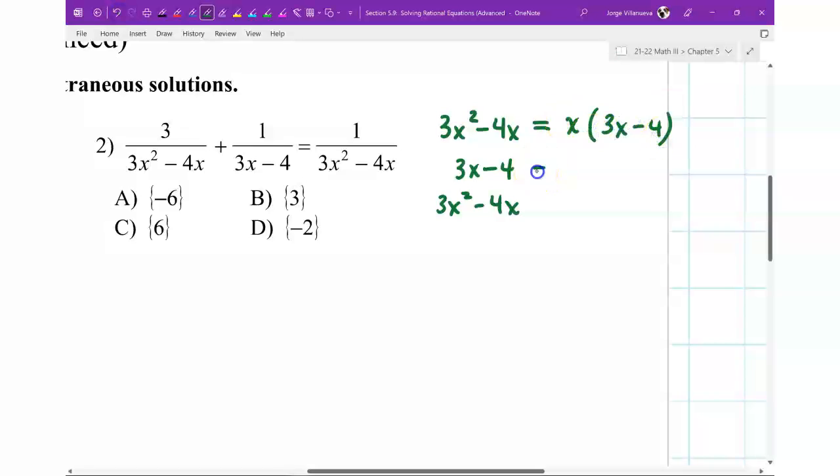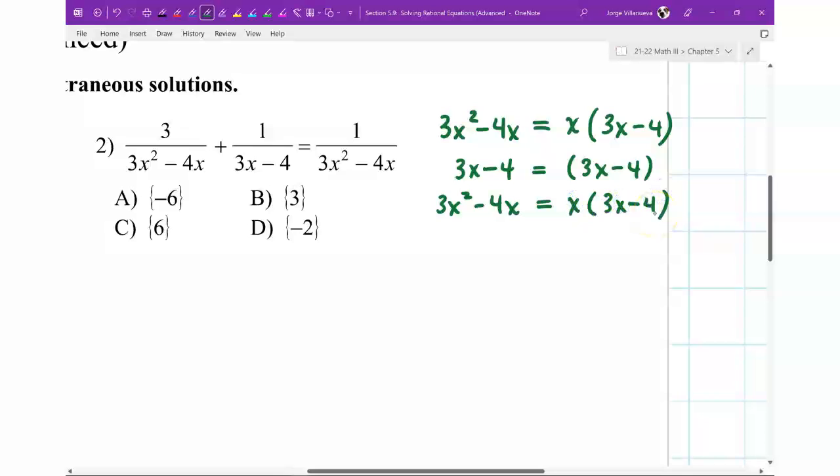Can I factor the second one? No, there's nothing in common. They have a 3 and a 4, or just one of them has an x. So this would just be 3x minus 4. Nothing to do. I just put in parentheses, on purpose. And what about the last one? Well, it's the same as the first one, so I should be able to factor it like this.